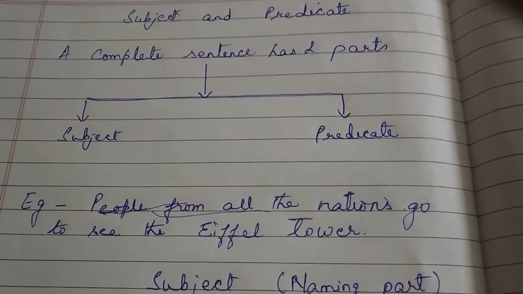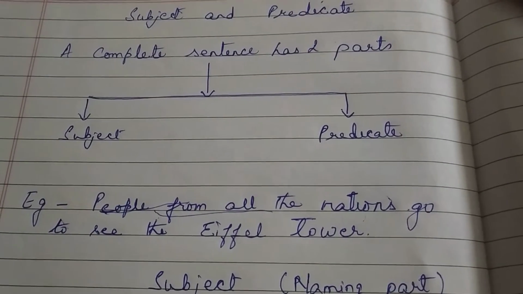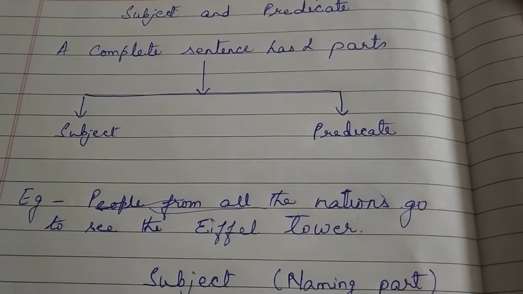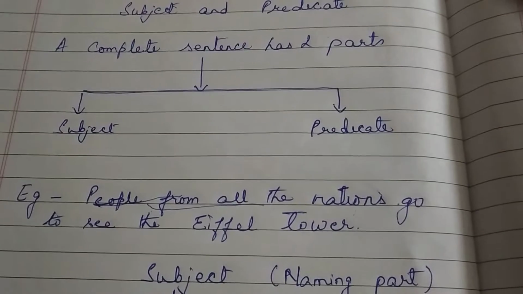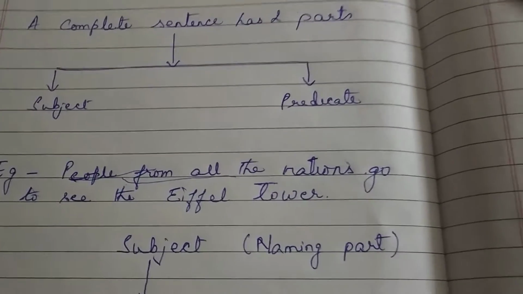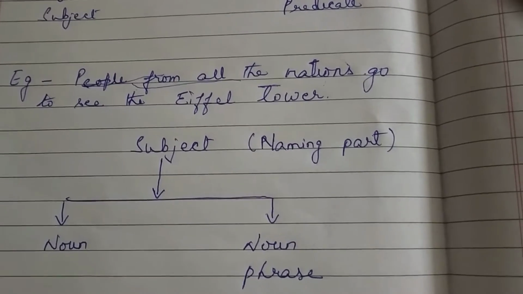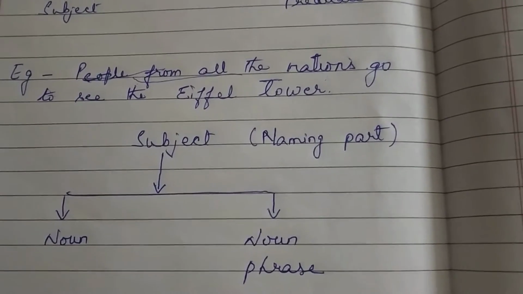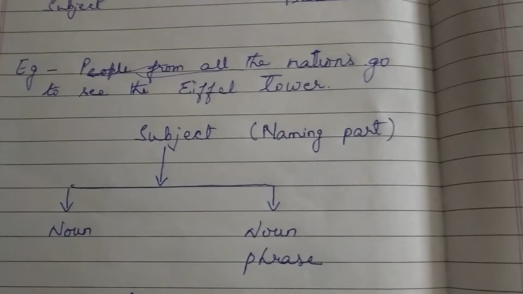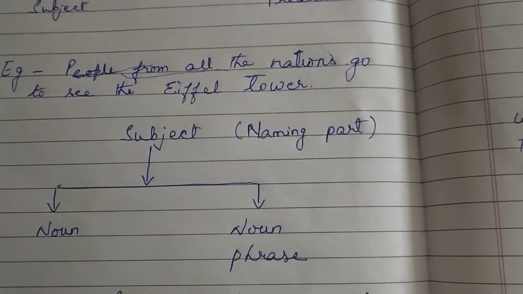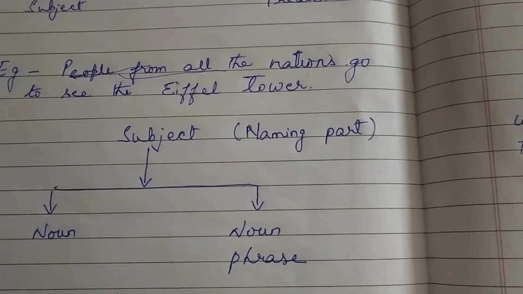People from all the nations go to see the Eiffel Tower. Now, how would you know which part is the subject and which is the predicate? Dear students, in the subject, there can be two things, a single noun or a noun phrase. It is the naming part of a sentence. It answers the question who the subject is about, or the doer part.